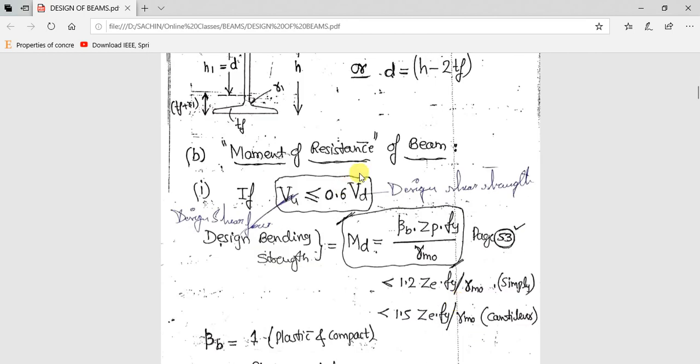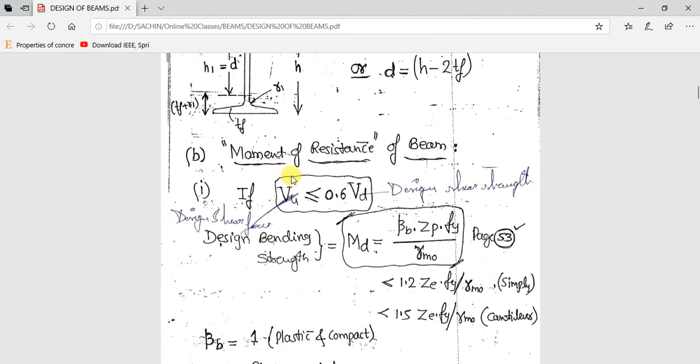We will be using this formula for moment of resistance of a beam if Vu is less than or equal to 0.6 times Vd. We came across this statement while dealing with the introduction. Vu is nothing but the design shear force, and Vd is nothing but the design shear strength.